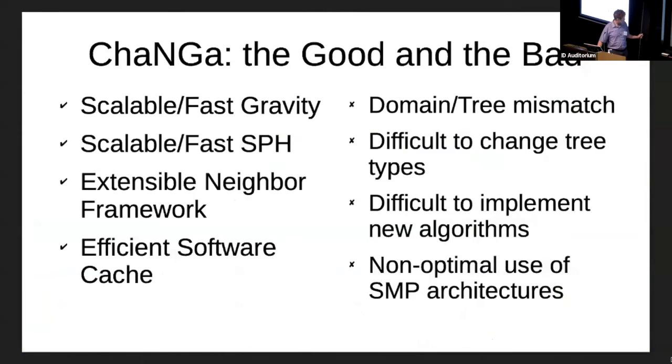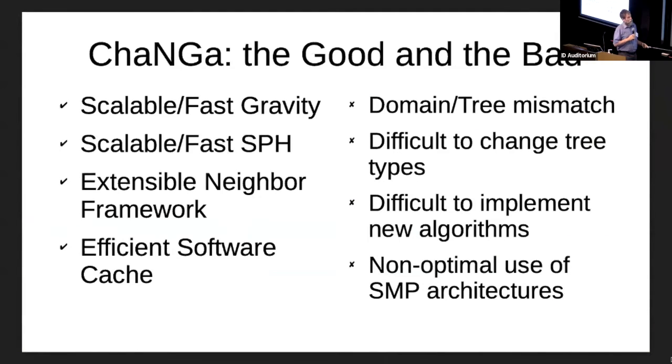So let's talk about Changa, the good and the bad. Right here are some of the successes. It's fast. I think this is a particular success, exemplified by how Phil Chang has been able to use the neighbor finding network framework to develop moving mesh code.